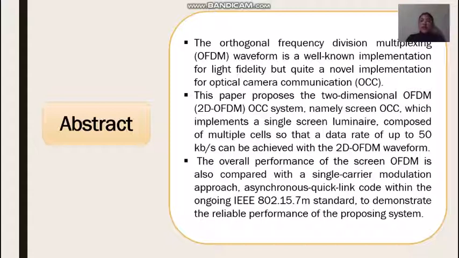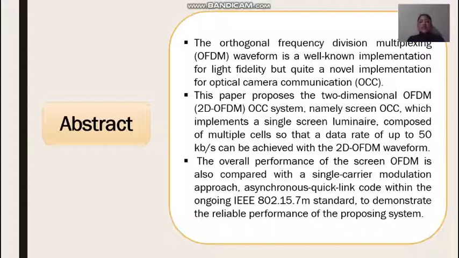This paper proposes the two-dimensional OFDM for the OCC system, namely screen OCC, which implements a single screen luminaire composed of multiple sets, so that a data rate of up to 50 kb/s can be achieved with the 2D OFDM waveform.